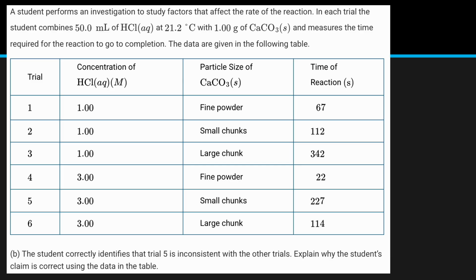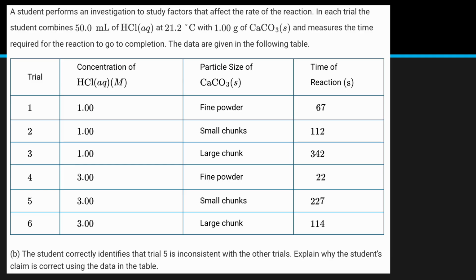All right, moving on to an example FRQ. A student performs an investigation to study factors that affect the rate of reaction. In each trial, the student combines 15 milliliters of hydrochloric acid at 21.2 degrees Celsius with 1 gram of calcium carbonate and measures the time required for the reaction to go to completion. The data is given in the following table.